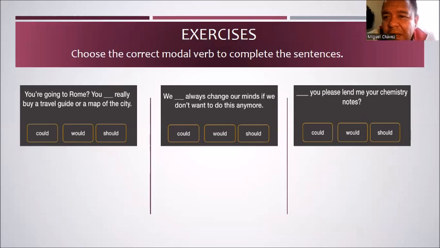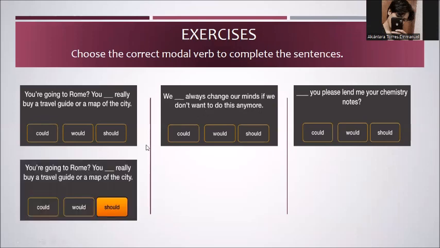A volunteer, please. Okay, Emmanuel, thank you. Yes, you're right. Okay, you're going to Rome. You should really buy a travel guide or a map of the city. Yes, Emmanuel, thank you. Yes, you're correct. Yes, thank you so much.